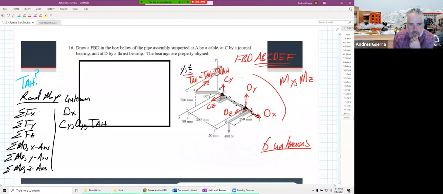Sum of forces in the z would have a Cz, a Dz, and again the tension from A to H. So none of those equations are really going to help me.